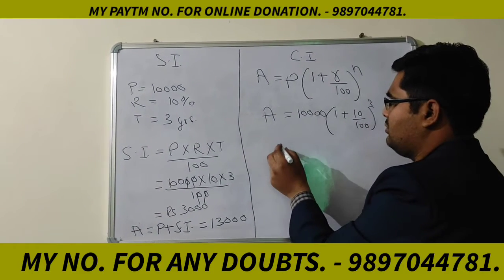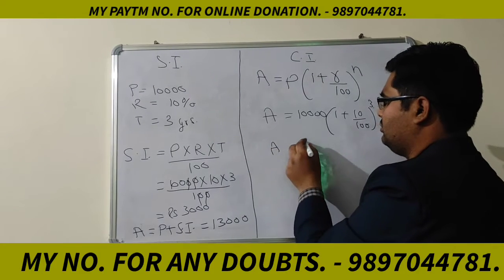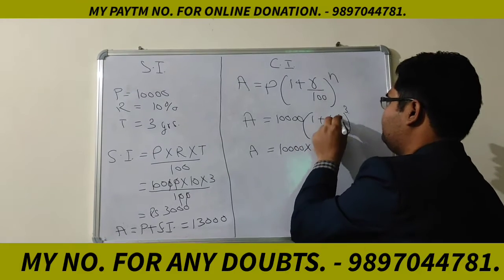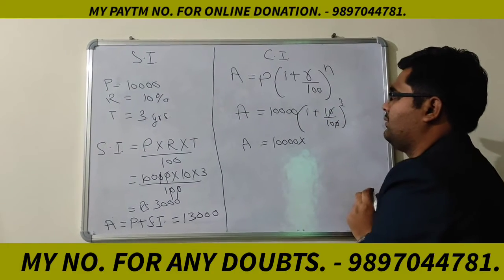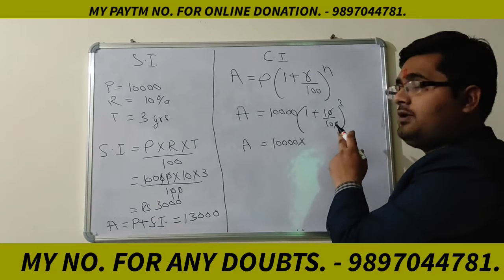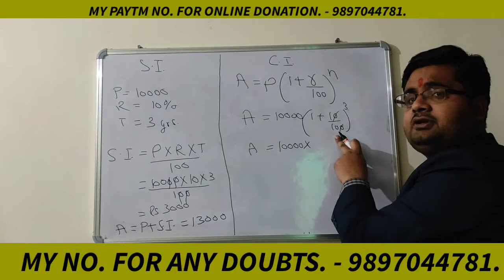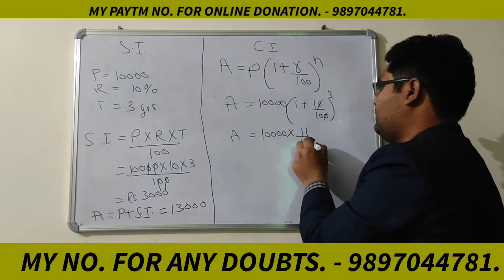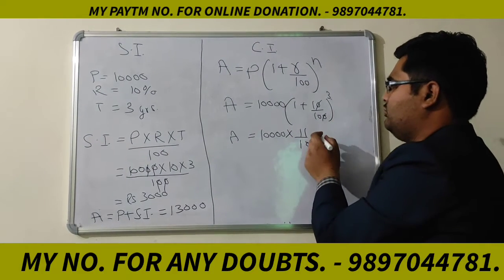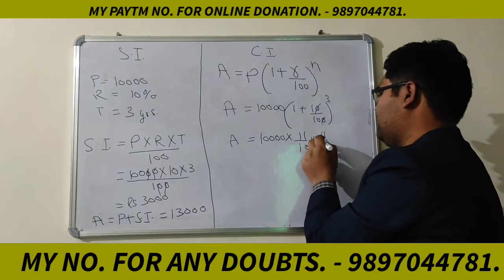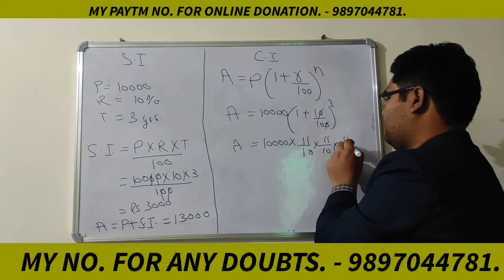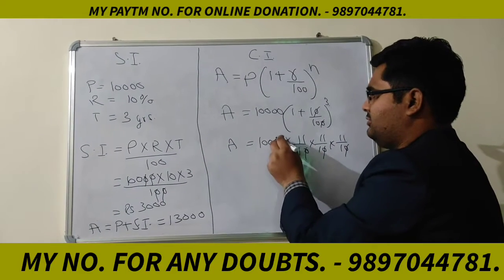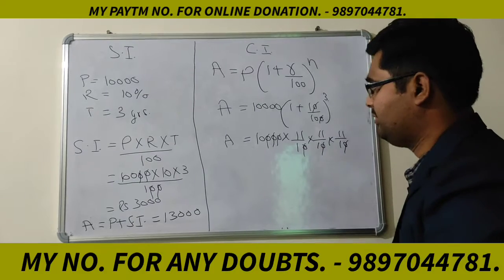So now amount equals 10,000 into, now this 0 and this 0 get cancelled, and if we add 1 plus 1 by 10, 10 will be the LCM, so it comes out to be 11 upon 10 to the power of 3. So we will write it 3 times, 11 upon 10 into 11 upon 10 into 11 upon 10. Now these zeros and these 3 get cancelled.